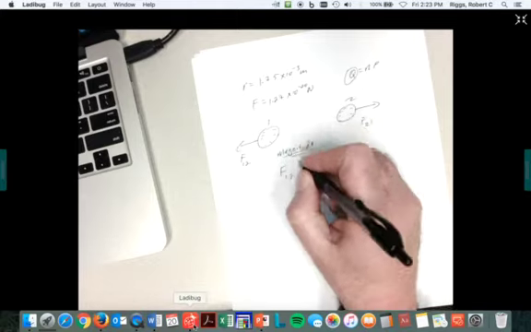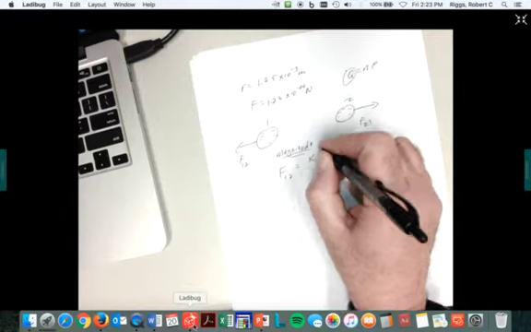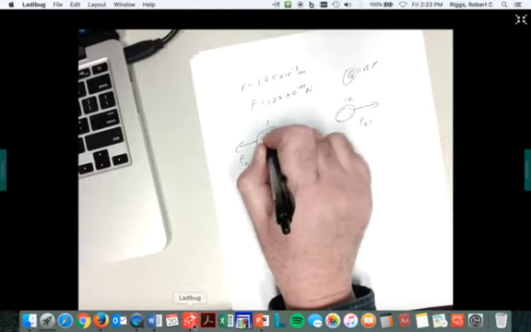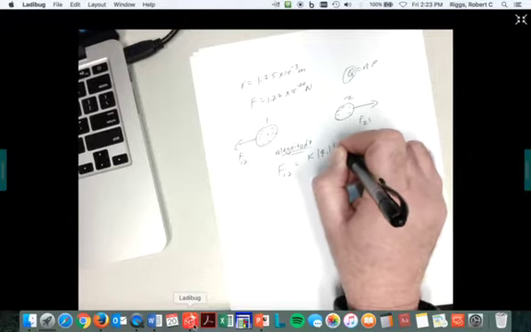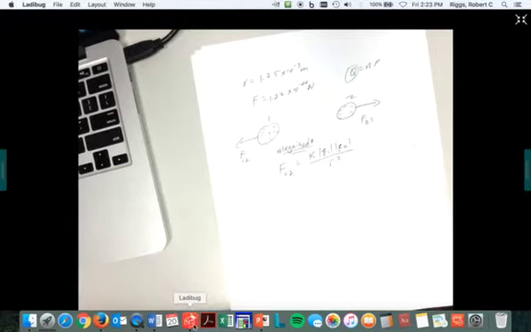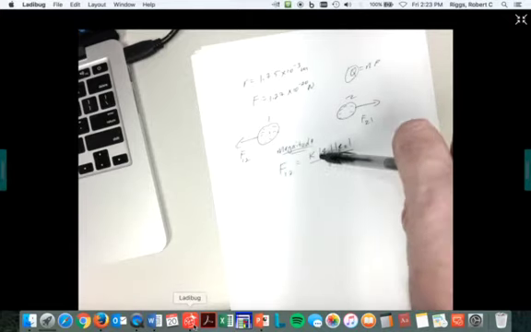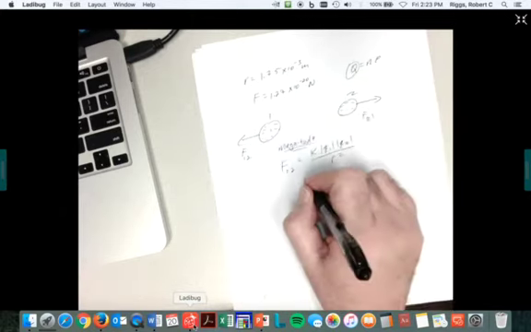Now, F is equal to K, the force that this guy's feeling, Q1 times Q2, this is good old Coulomb's law, over R squared. I put in the absolute value signs because we're going to add the direction later. But it said they acquired the equal charge.